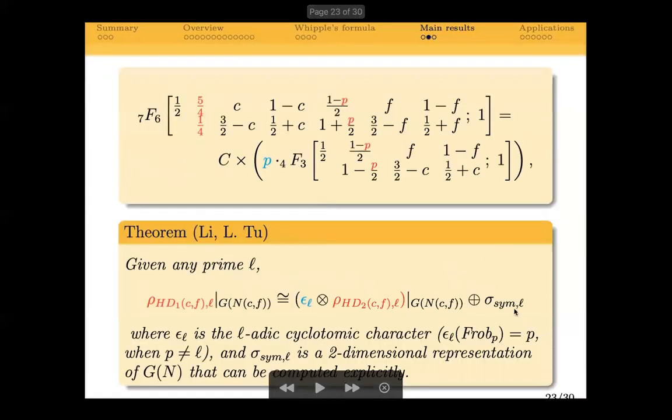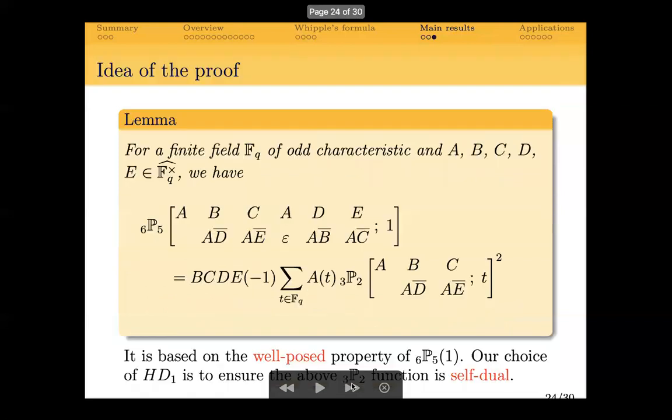The decomposition, the symmetric square part gives the two-dimensional Galois representation. The other part, the alternating part, gives rise to the three-dimensional Galois representation. So then it's about how to match up the terms carefully to see how everything will work.